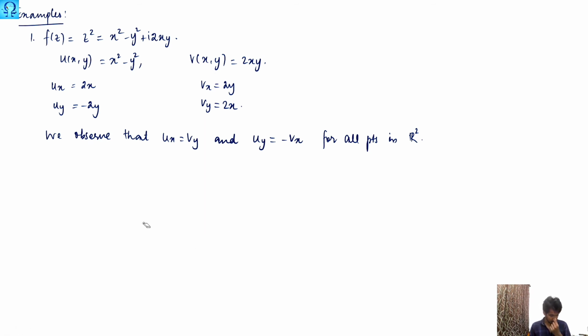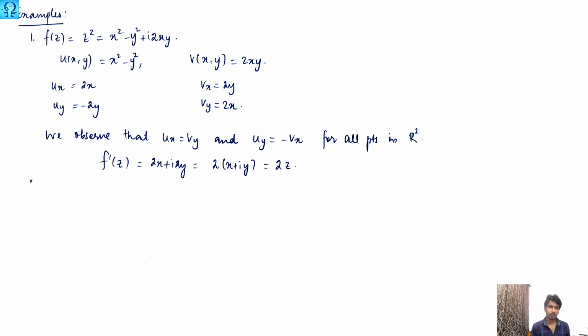Moreover, f prime at z can be written as 2x plus iota times 2y. Here you may take 2 as a common factor, so 2 times x plus iota times y, and that happens to be simply 2z. This is what we actually deduced from the definition of a derivative itself. We have just verified it with the help of the necessary condition for differentiability.